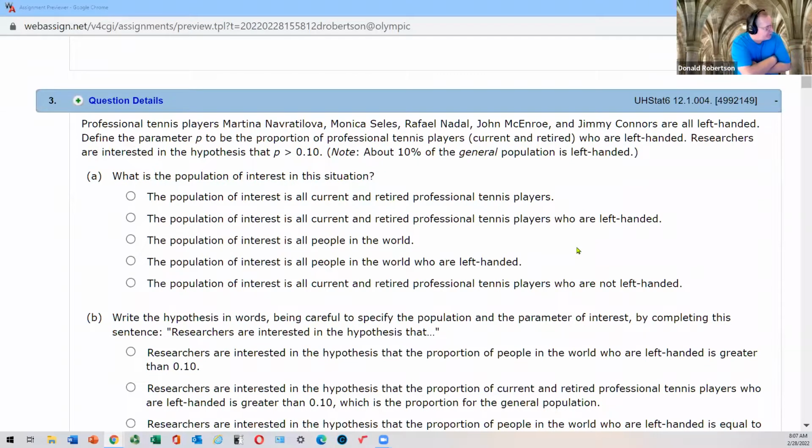Now, professional tennis players like Martina Navratilova, John McEnroe, Jimmy Connors, okay, some of them are quite old, but you might have heard of them, are all left-handed. And define the parameter P as the proportion of professional tennis players, current or retired, we don't care, who are left-handed. Researchers are interested in the hypothesis that it is greater than 10%.